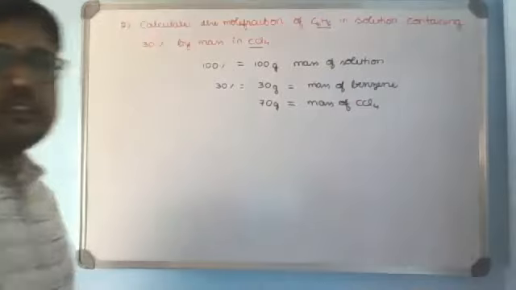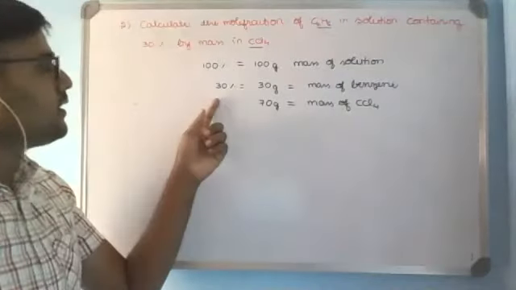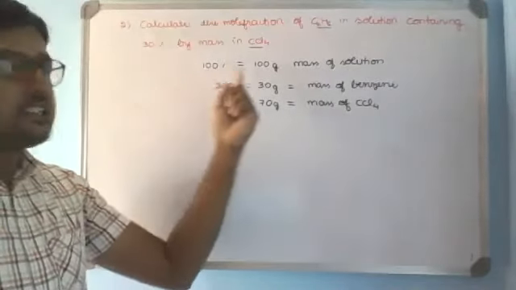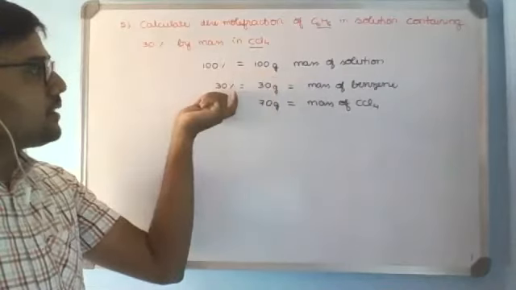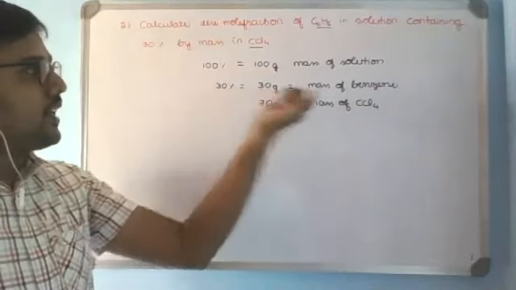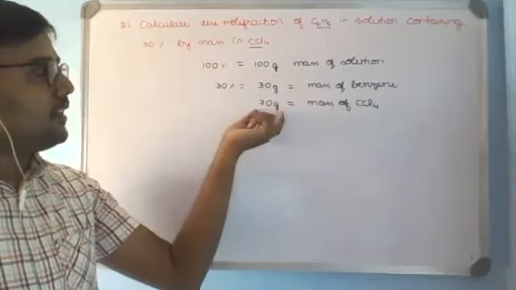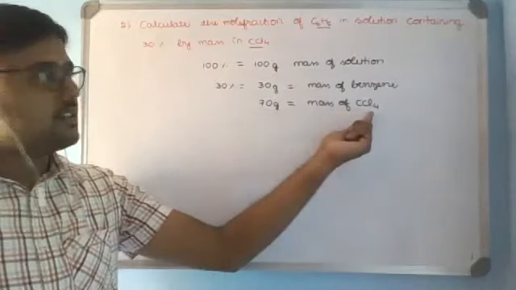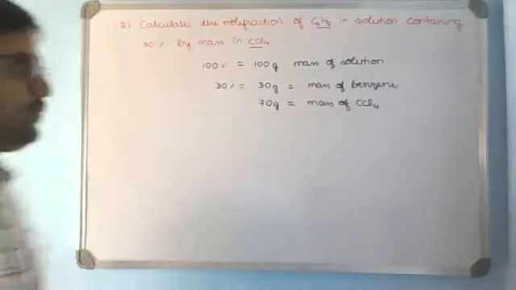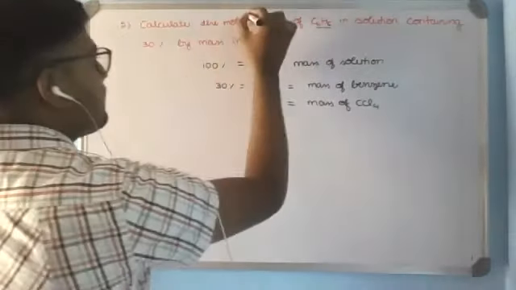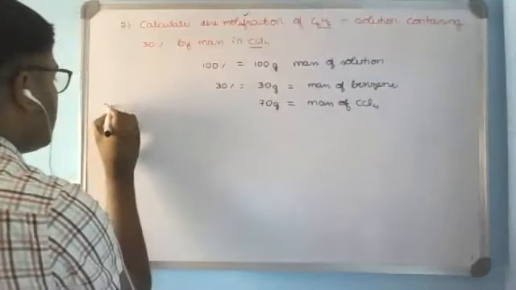As they have given the solution is 30% by mass, we take 100% as 100 grams. Since 30% of the solute refers to 30 grams of benzene, the remaining percentage is the mass of CCl4. Now they are asking to calculate the mole fraction of benzene.